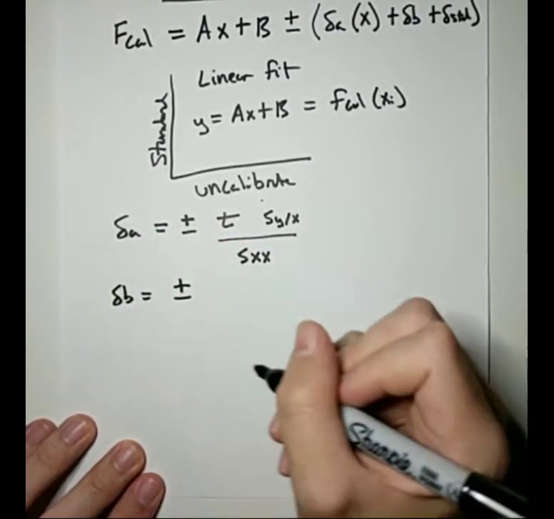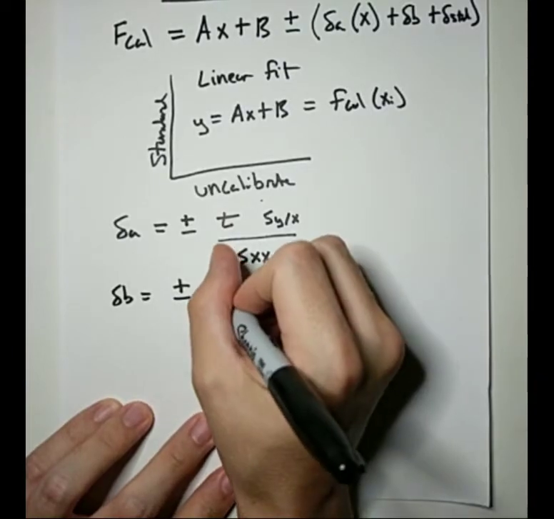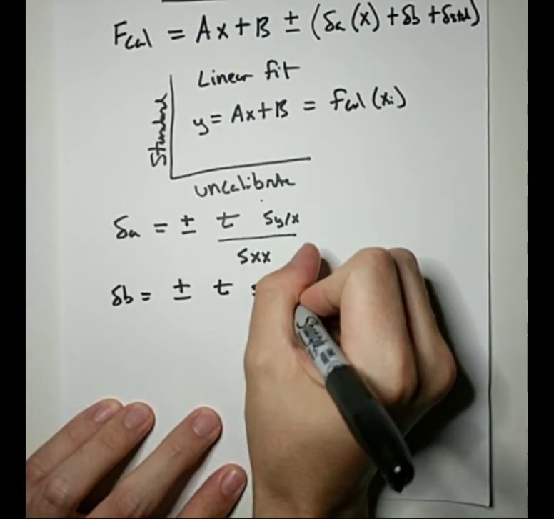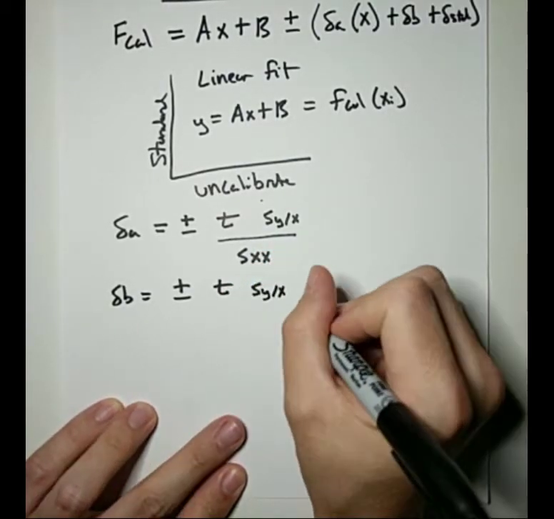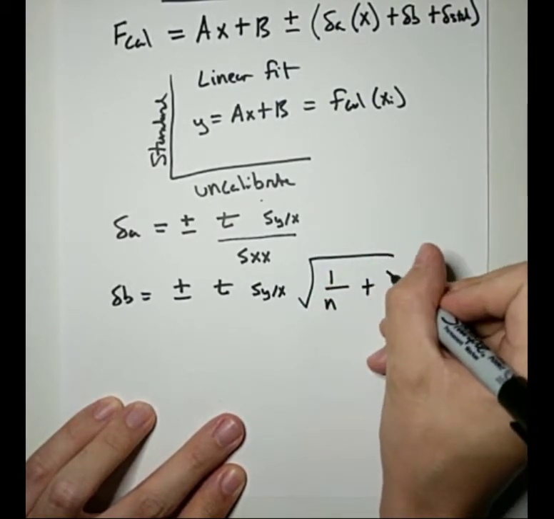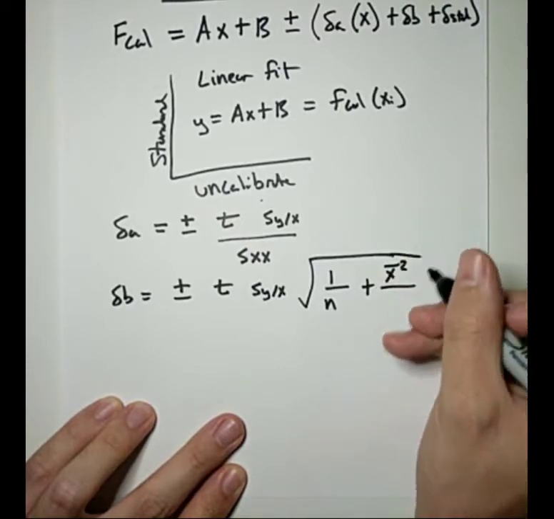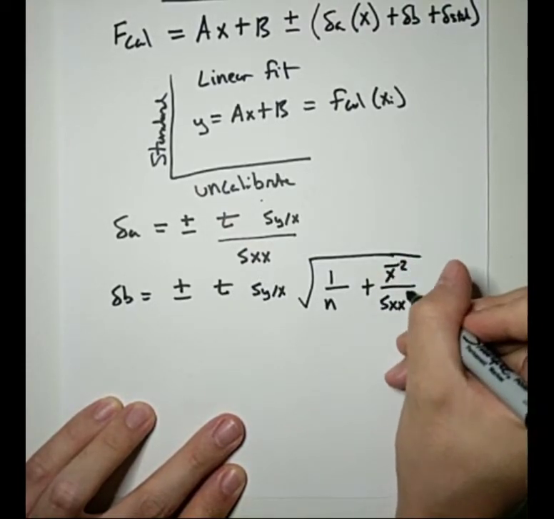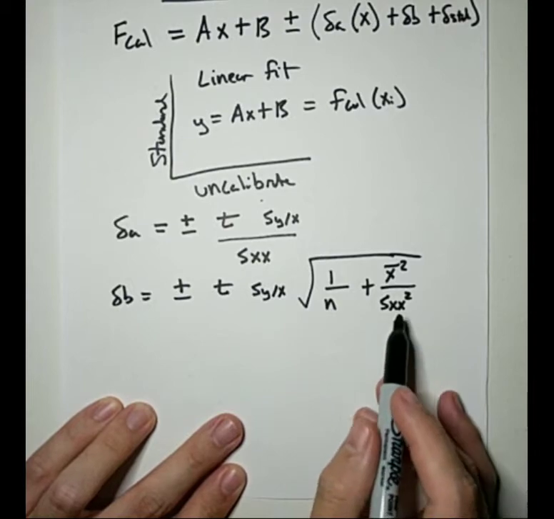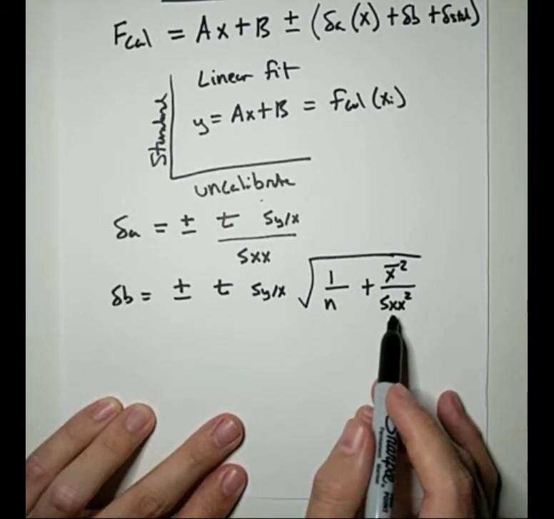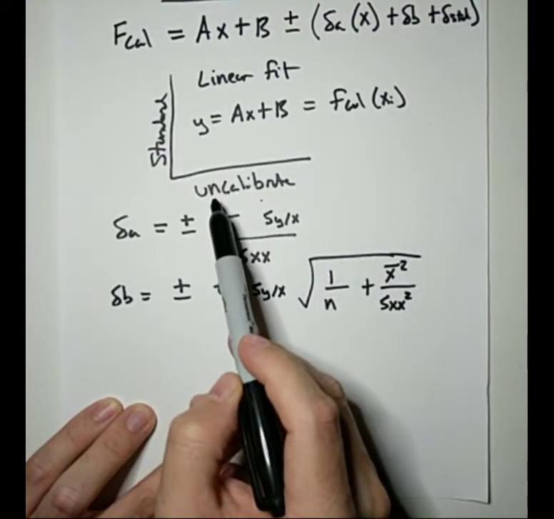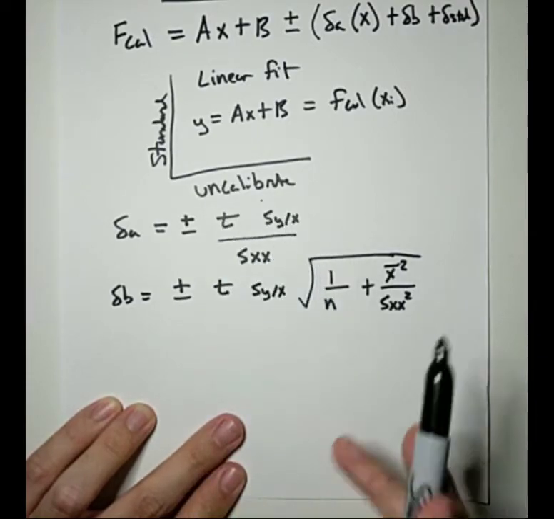Del B is plus or minus that same t value, SYX, and then the square root of 1 over n plus x bar squared over SXX squared. So n is the number of data points, SXX is another standard deviation, x bar is the average of your uncalibrated data points for that sensor.